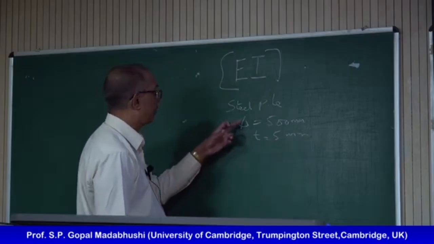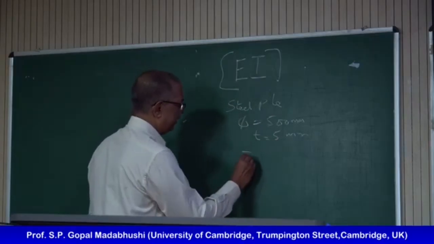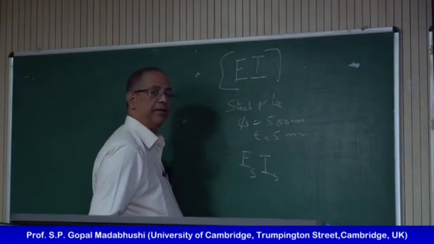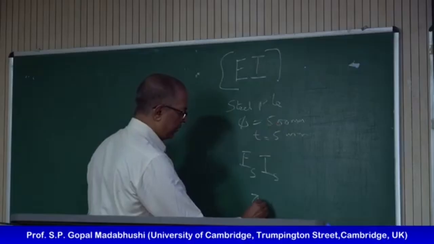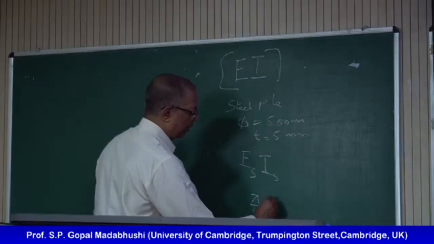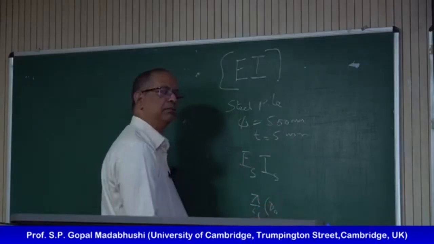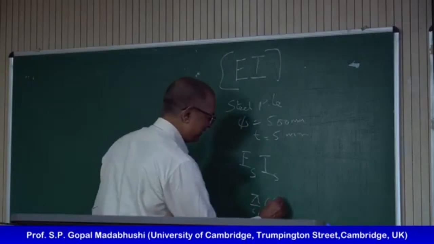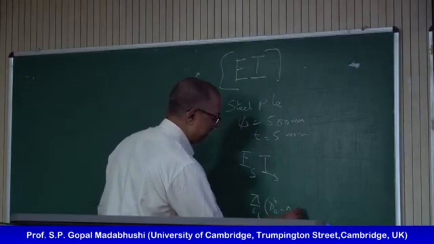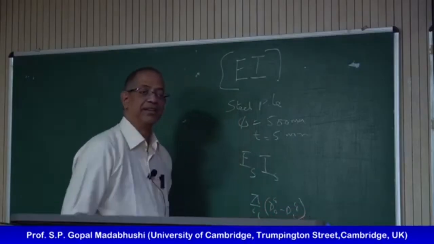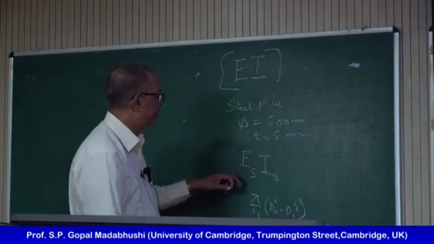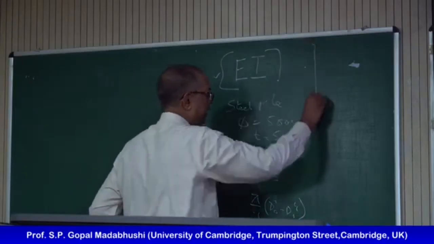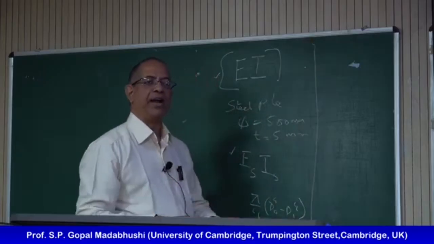You can work out E steel and I steel pile for that, which is pi by 64 times D outer to the fourth minus D inner to the fourth, something like that. So you work that out. Now on the model side, say I'm going to make an aluminum pipe.